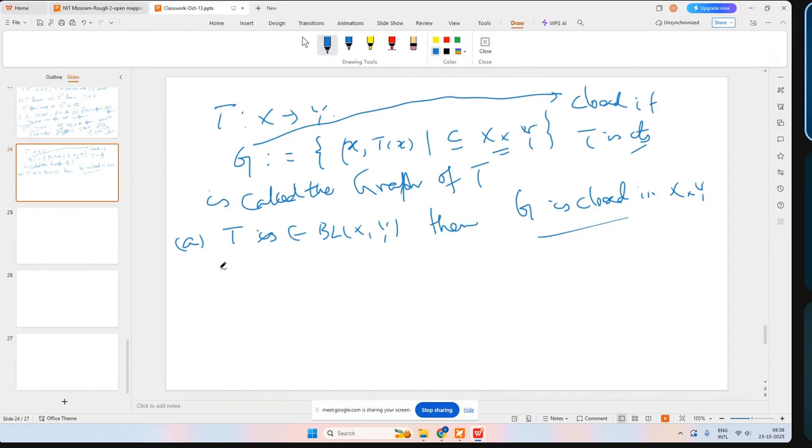So let Z belonging to the closure of G be a limit point. How do you show some set is closed? You show that every limit point is in that set.